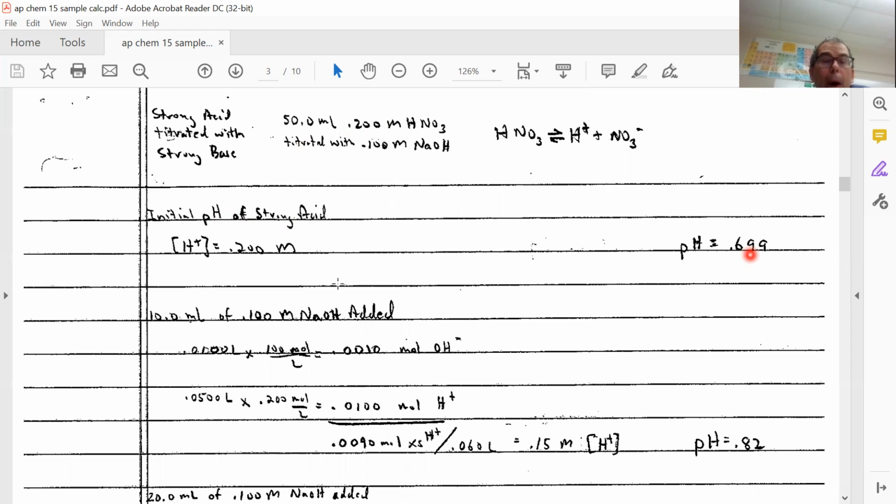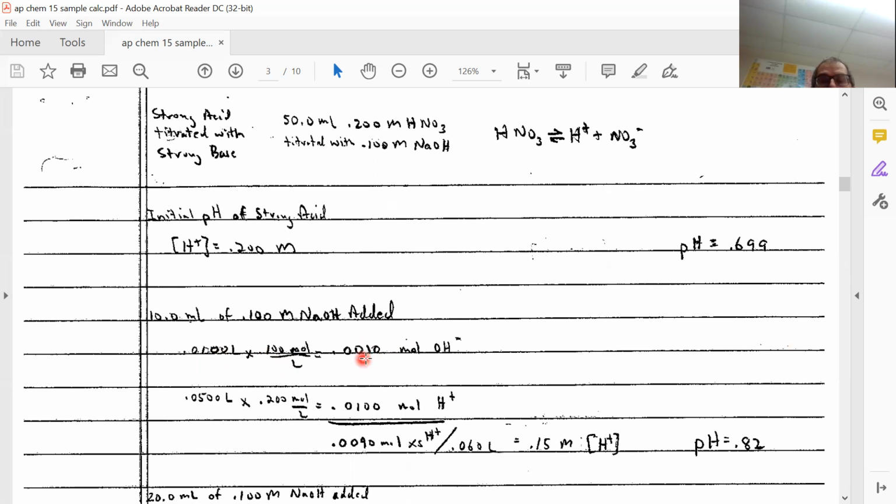Now what about after I add 10 milliliters of NaOH? This just becomes an excess acid, excess base problem, and I think we did this back in the last unit. You can go through dilution factor, but I almost think it's easier to just compare moles to moles and divide through by total liters. I take the 0.0100 liters, that must be the 10 milliliters of the OH that I added, and I multiply that by the 0.100 moles per liter.